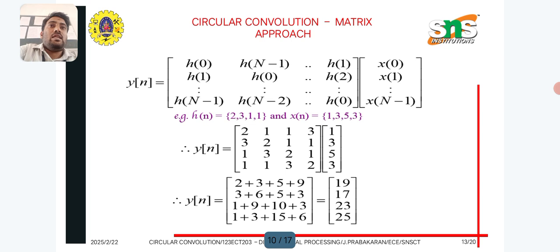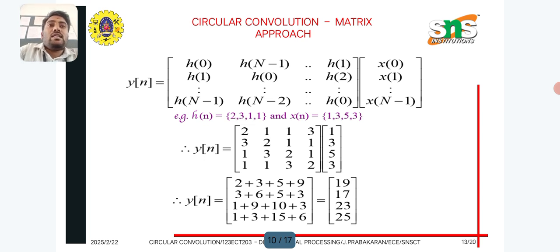Next is the matrix multiplication method. In this method, the circular convolution of two sequences x1 of n and x2 of n, where x2 of n is h of n and x1 of n is x of n, is obtained by representing the sequences in matrix form.